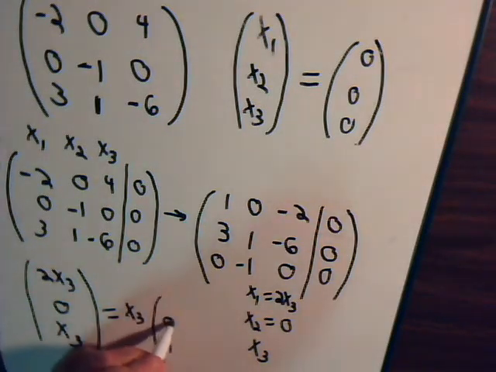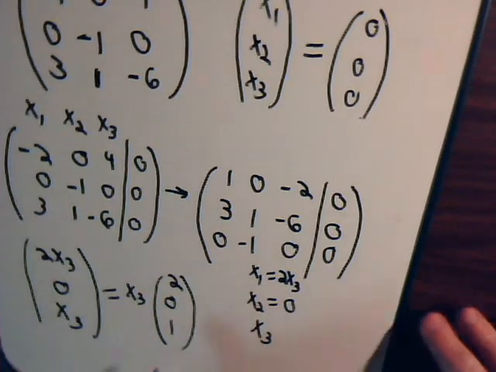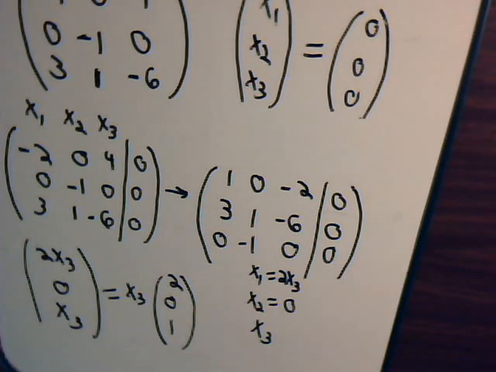One, 0, 2. So the eigenvector corresponding to lambda equals 3 is this, or any multiple of that one.